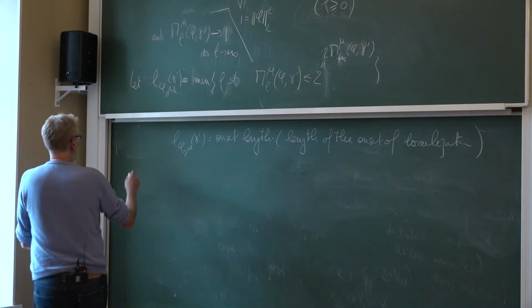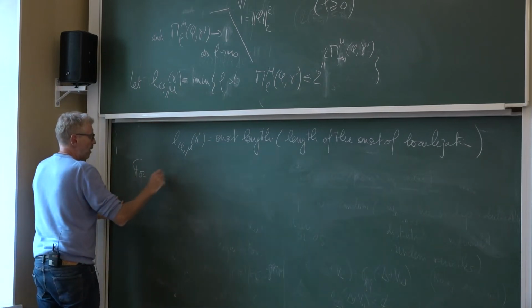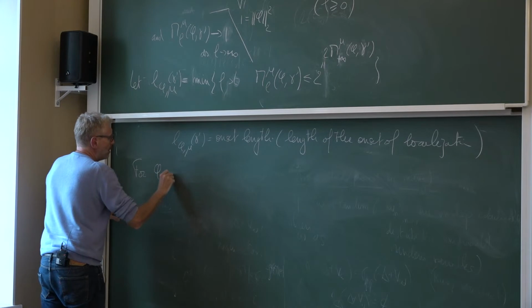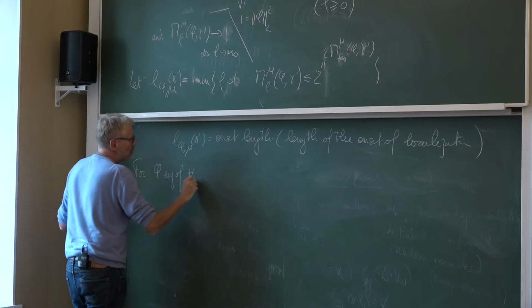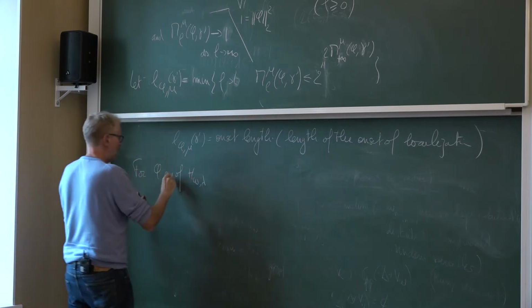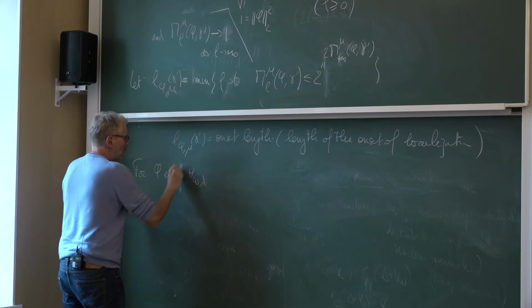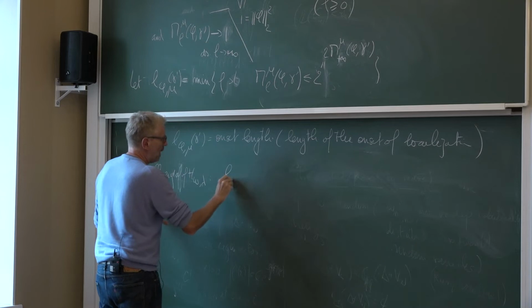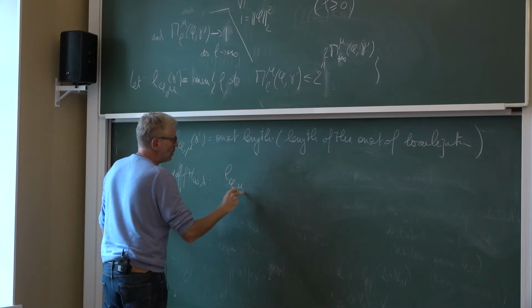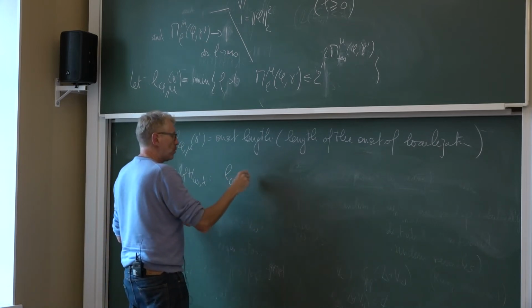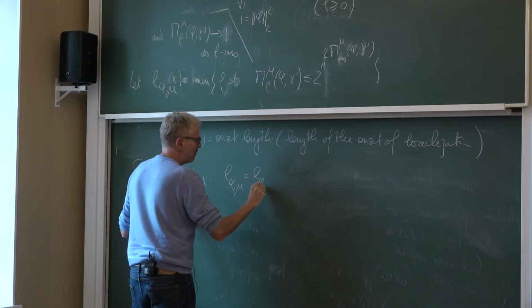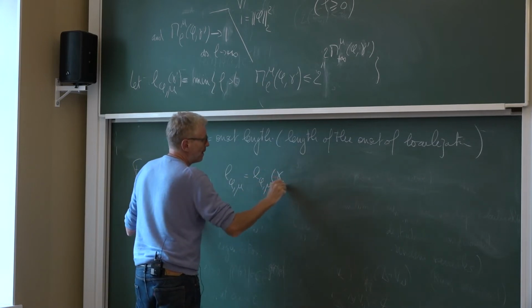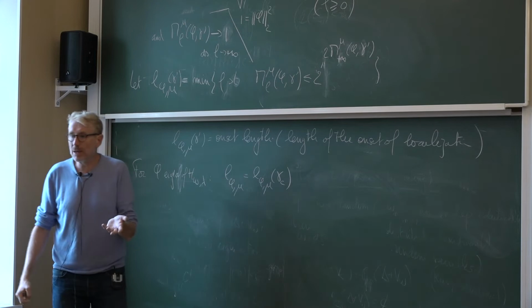So for phi an eigenvalue of h omega lambda, you can take L of phi and mu to be L of phi, mu, and gamma c, one of the localization centers.